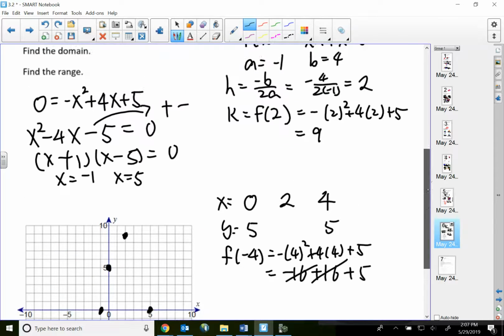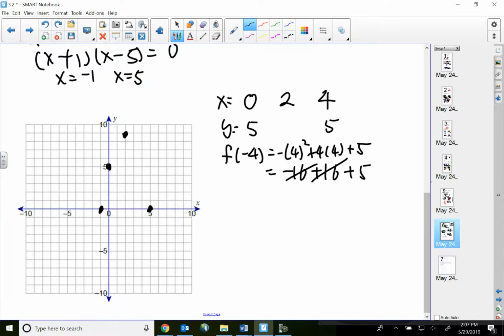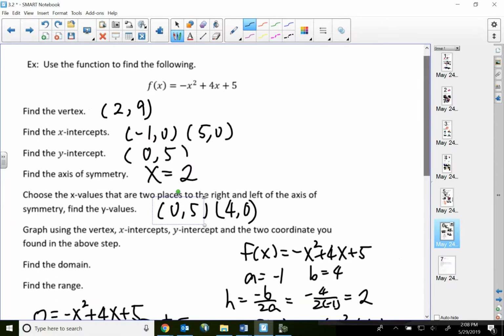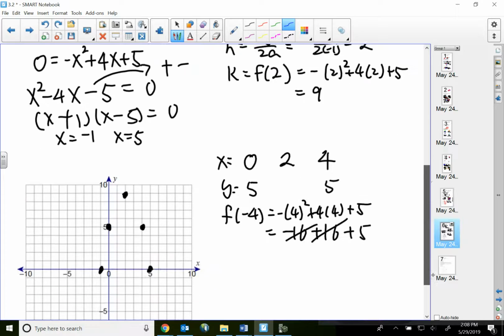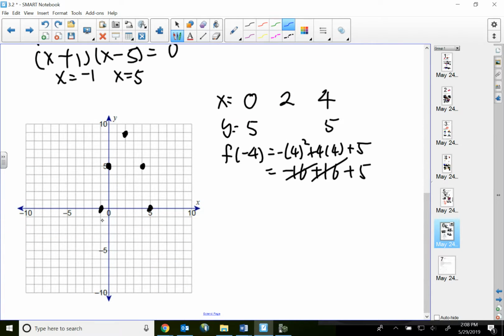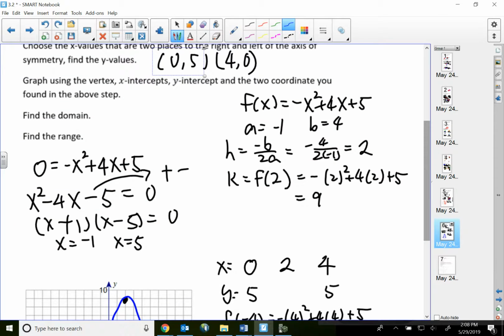And the other point I found was 4, 5. So by looking at this function, since my leading coefficient originally was negative, I know my parabola got to point downward. So now that makes sense. When I draw it, it got to point downward. There you go. So that's how we sketch it using some of the points we already found.